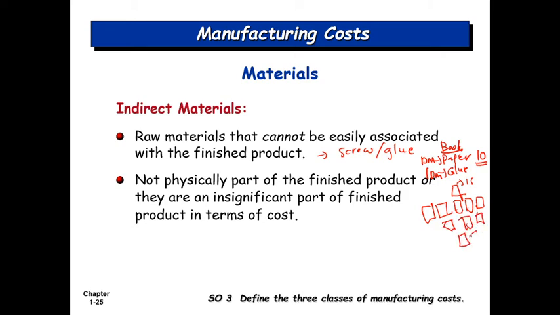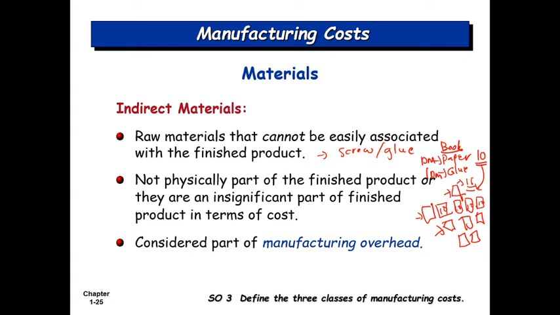So we cannot trace. How to trace the $15 into each product? Here we already know each book is $10. So this is $10, this is $10, this is $10. Alright.